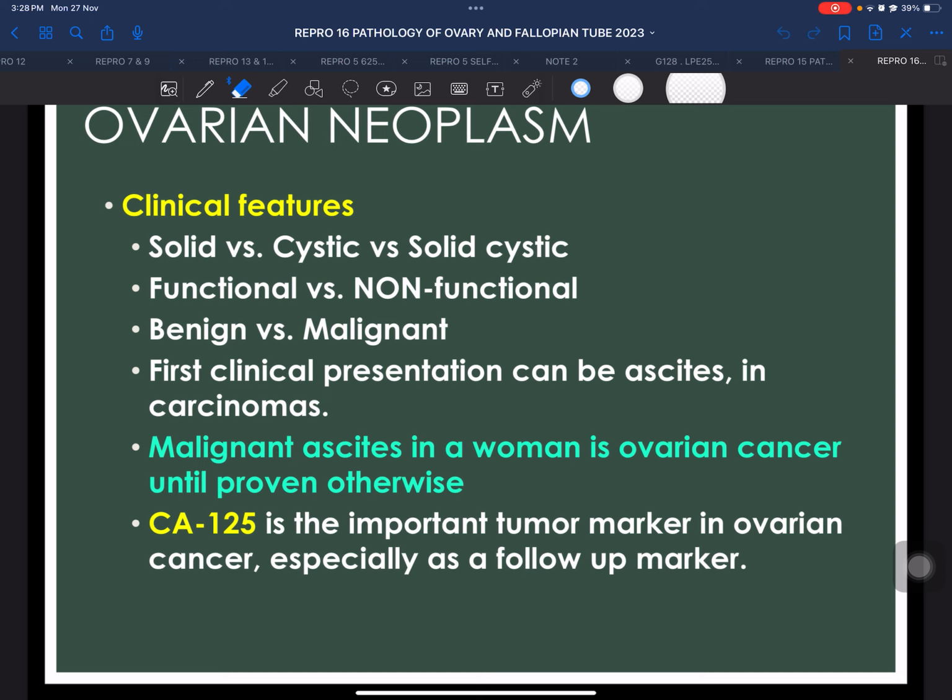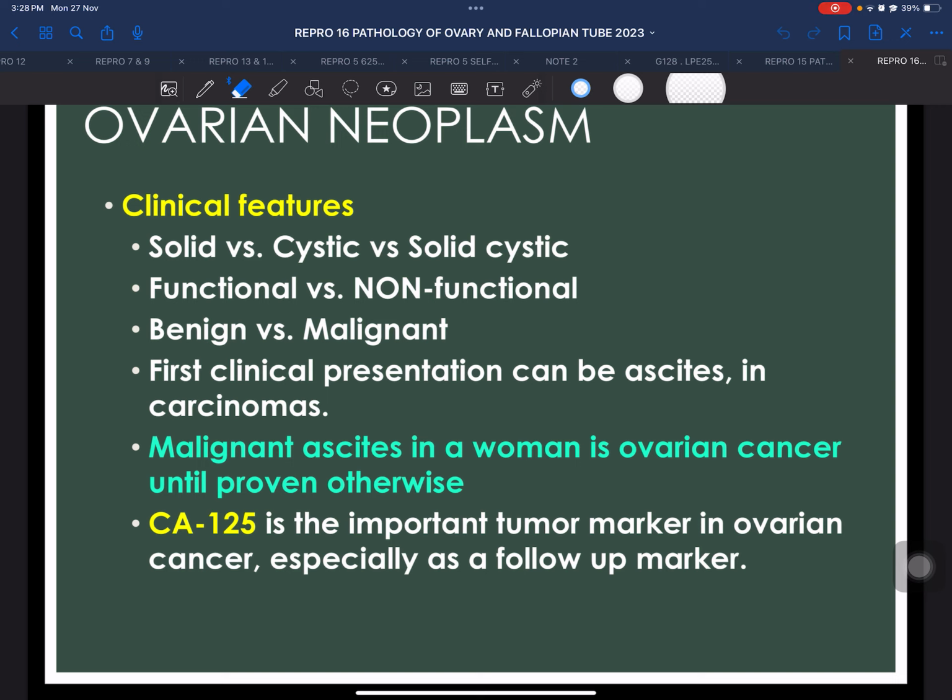Okay, so the vast majority is derived from the epithelium. Okay, and with repeated ovulation and scarring, the surface epithelium can become entrapped into the cortex of the ovary and form small cysts. Within these small cysts, you can get metaplastic change. They can undergo malignant transformation. So it gives rise to the different types of epithelial tumors.